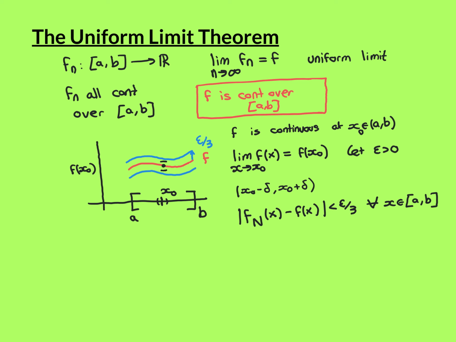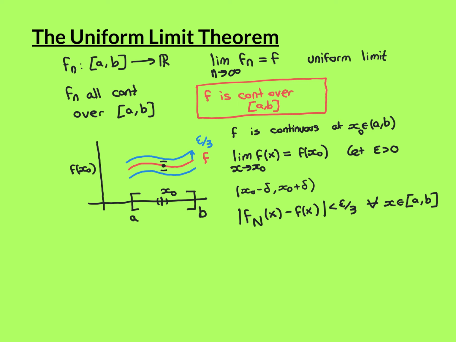I am going to now go to the uniform convergence criterion that I know is true, and I'm going to use epsilon over 3 here for these epsilon intervals in blue. So the picture isn't quite accurate here. If this was the epsilon interval, then this blue line would have to be much smaller, really, really close to red.